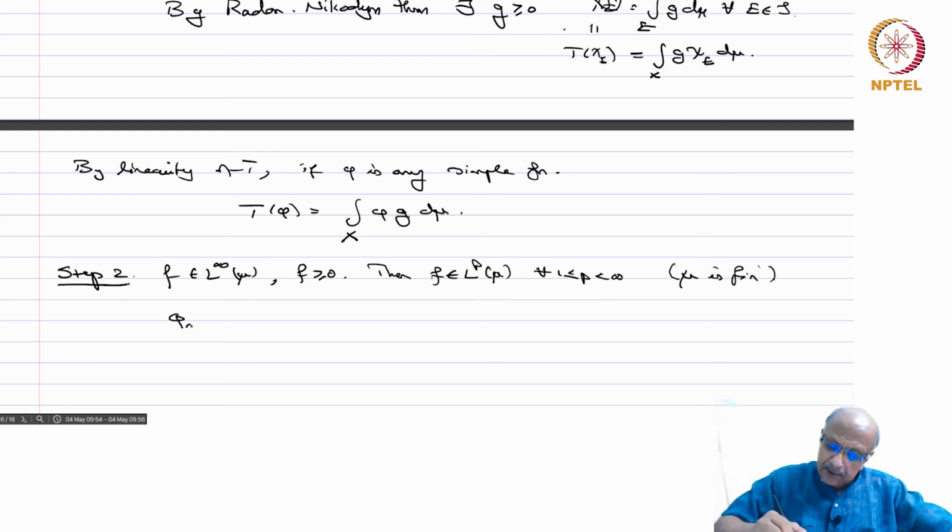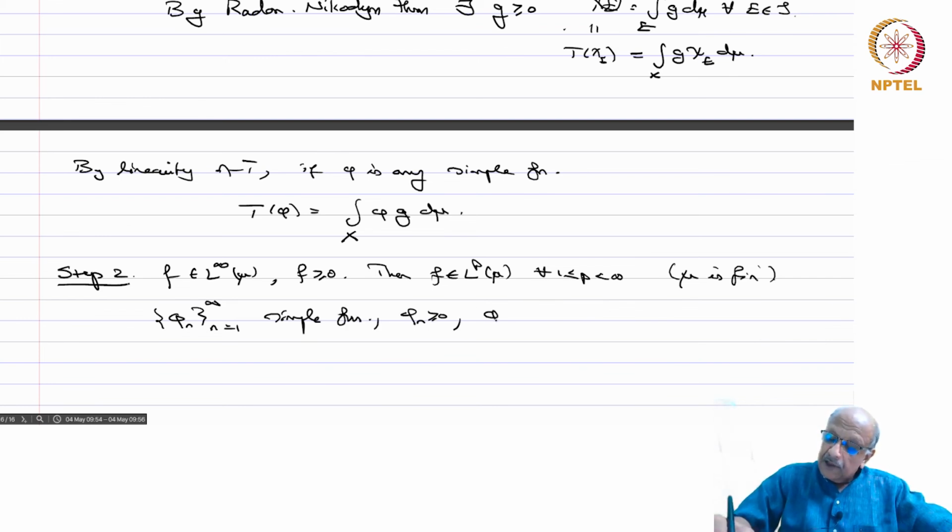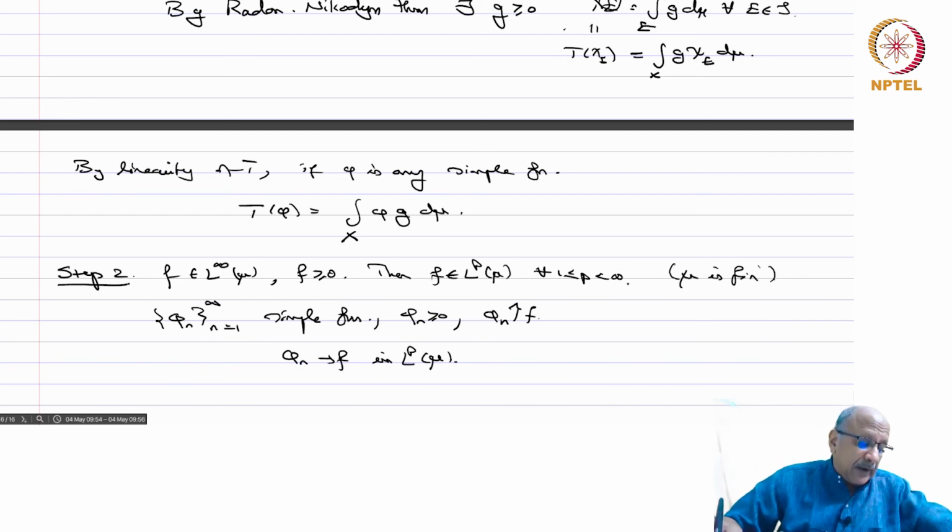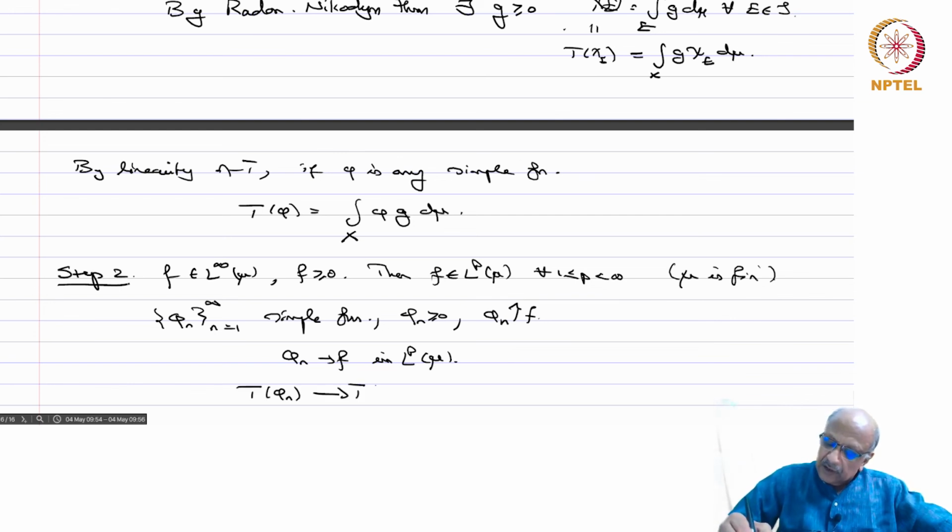So take phi n, n equals 1 to infinity, simple functions, phi n non-negative, phi n increasing to f. Then we also saw phi n converges to f in Lp mu. We have already seen this earlier. It was a simple application of the dominated convergence theorem. Therefore, T of phi n converges to T of f.